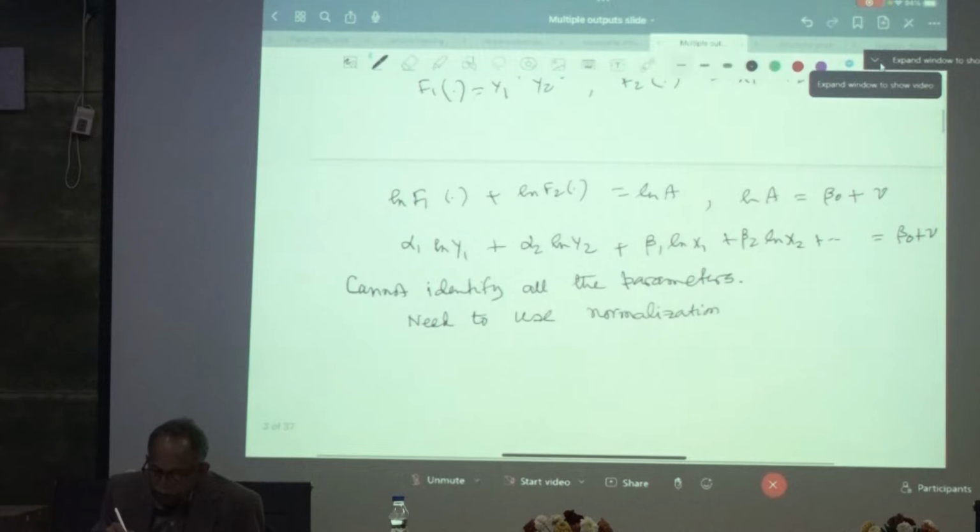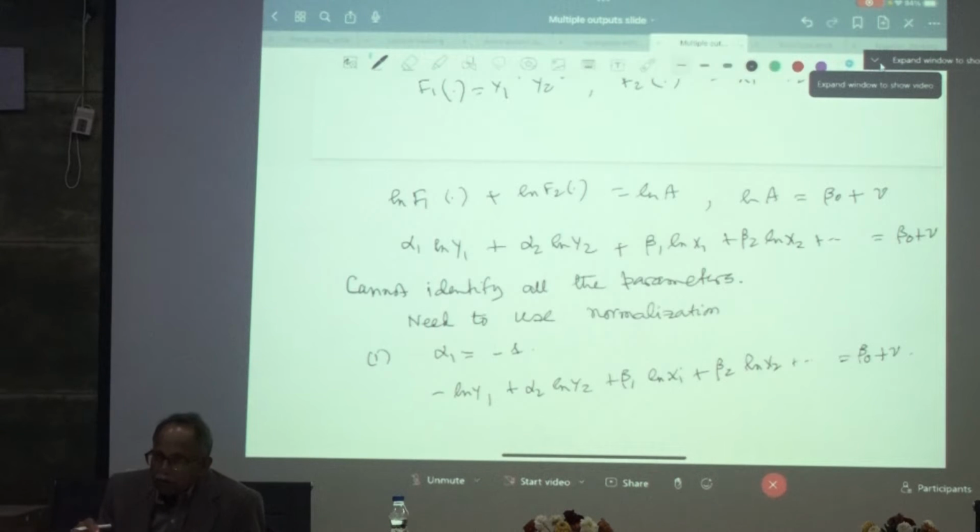So let's look at it this way. If you normalize alpha 1 to be equal to -1, or 1, it doesn't matter which way you go, then what is happening is minus log of y1 plus alpha 2 log of y2 plus beta 1 log of x1 plus beta 2 log of x2 is equal to beta 0 plus b. So what you can do is take y1 on one side and the rest on the other side.